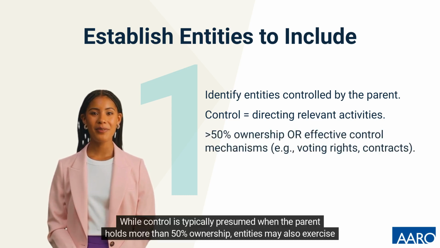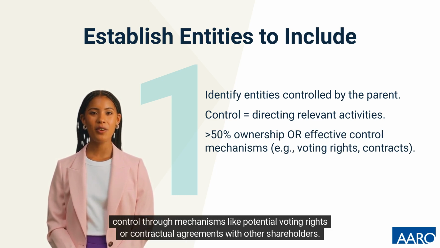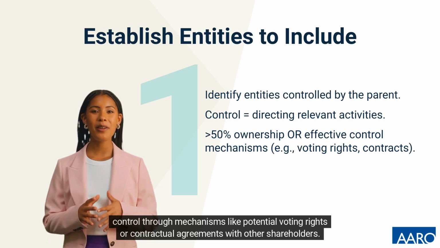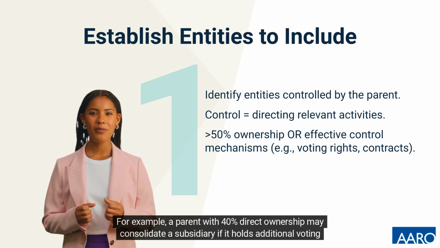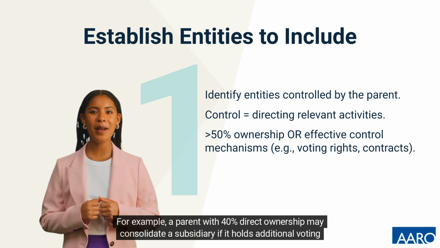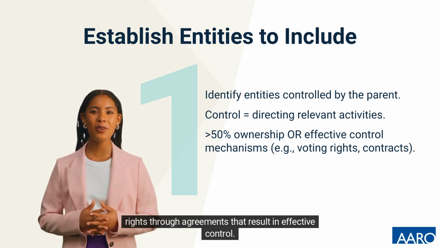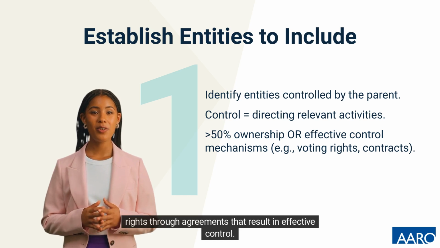While control is typically presumed when the parent holds more than 50% ownership, entities may also exercise control through mechanisms like potential voting rights or contractual agreements with other shareholders. For example, a parent with 40% direct ownership may consolidate a subsidiary if it holds additional voting rights through agreements that result in effective control.